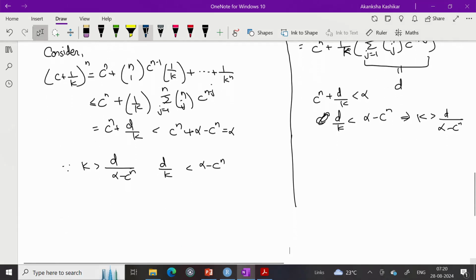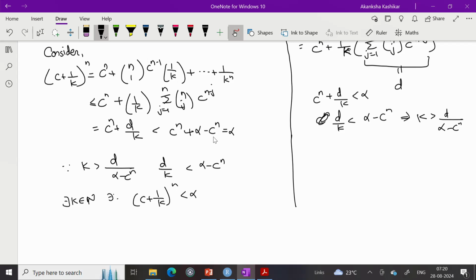Thus, what we have proved? We have proved that there exists k in n such that c plus 1 by k raised to n is less than alpha, strictly less than alpha.